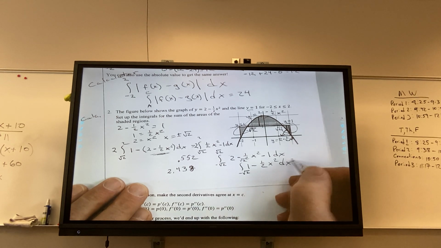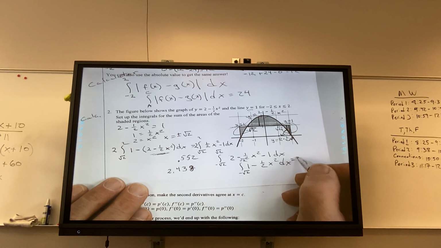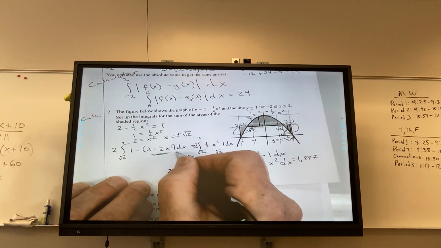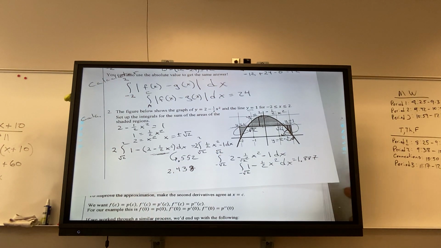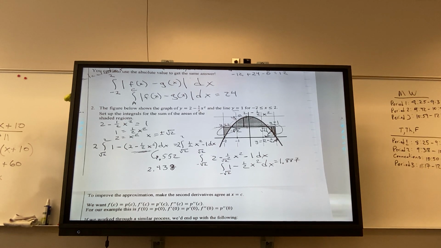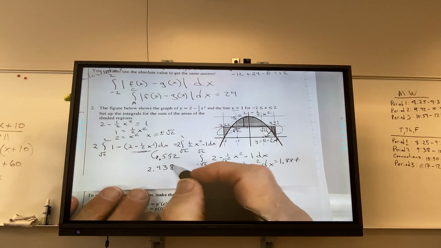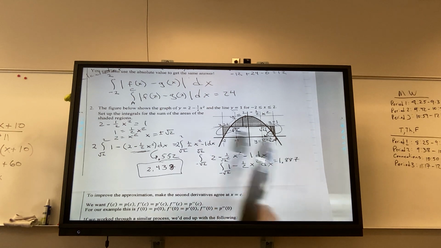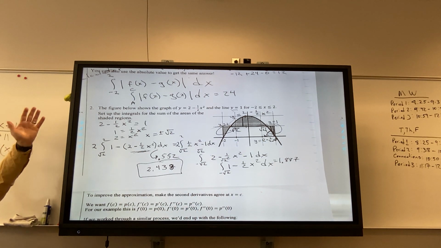And this was equal to, I better write this down, 1.887. Okay, now notice, 2.438 is my answer, correct. Okay, but notice, there are some people in here, if you look at my work, it's all over the place, correct?